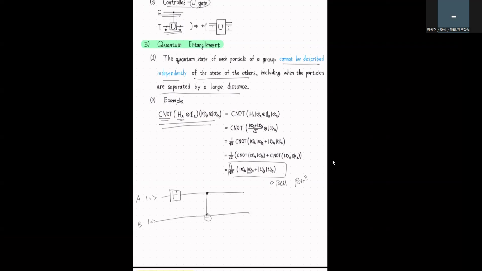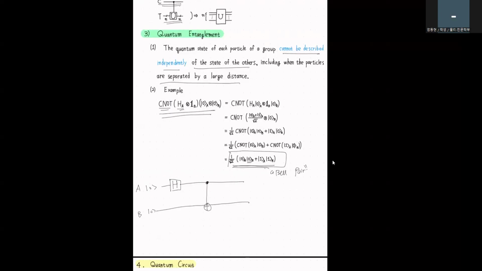And it was shown through experiment that this inequality is actually violated. And in the experiments, these entangled states are generated. So in his honor, we call them Bell pairs. And there are many other different Bell pairs.